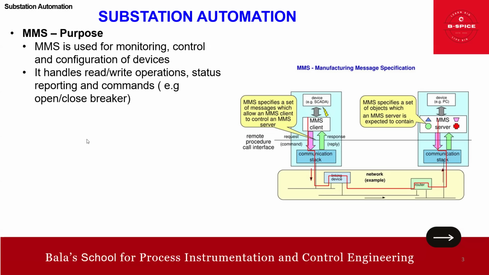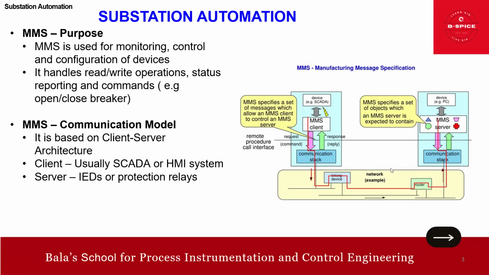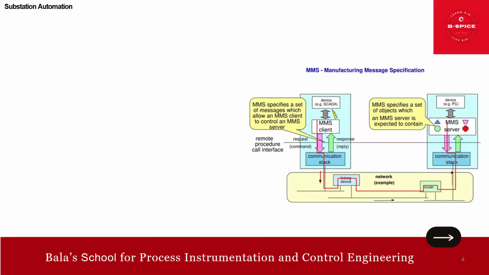So what is the communication model? It is based on client server architecture. The client is usually a SCADA system or an HMI. The server, of course, has to be an IED or protection relay. So that is the model.